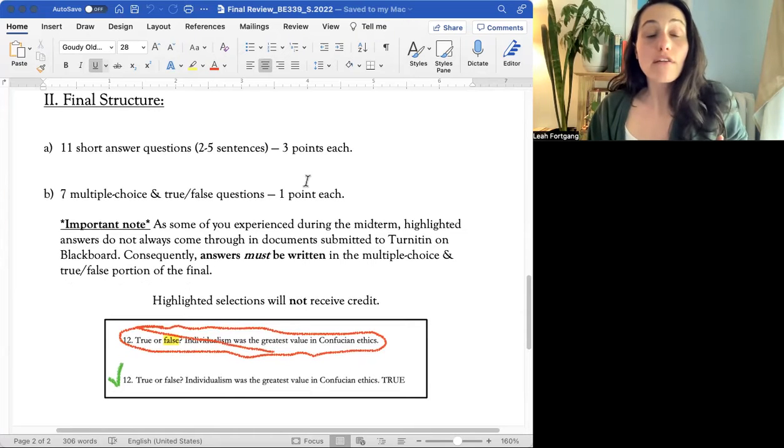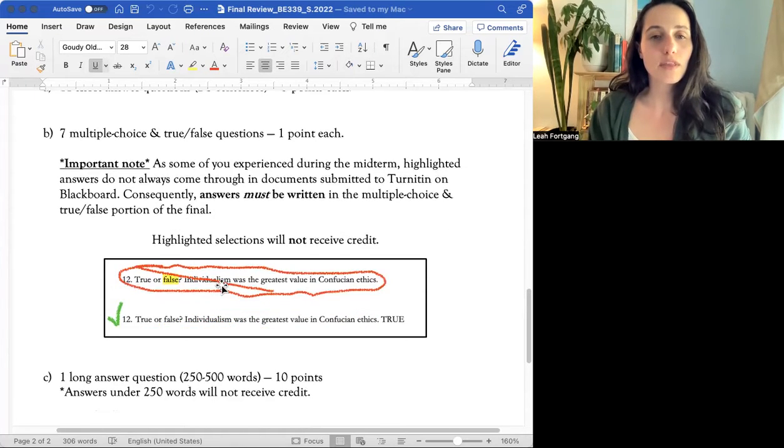So there's an important note about how you need to submit that work. As quite a few of you noticed in your submissions for the midterm, in the true or false multiple choice section of the midterm, for some reason, highlighted selections for your answers did not come through.